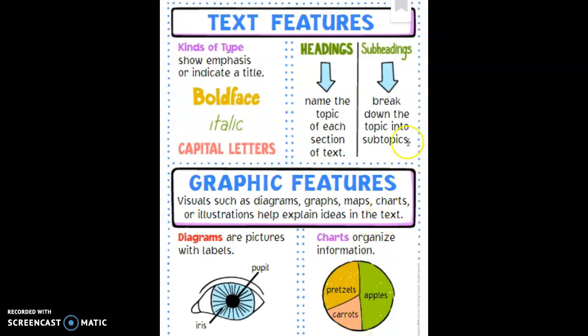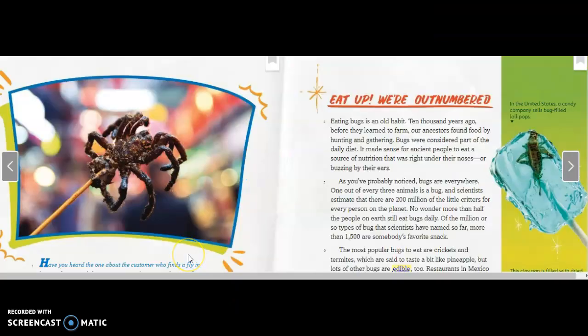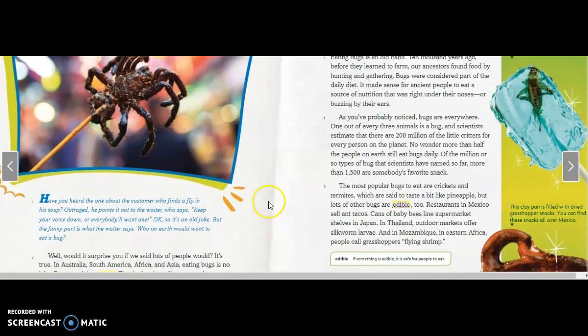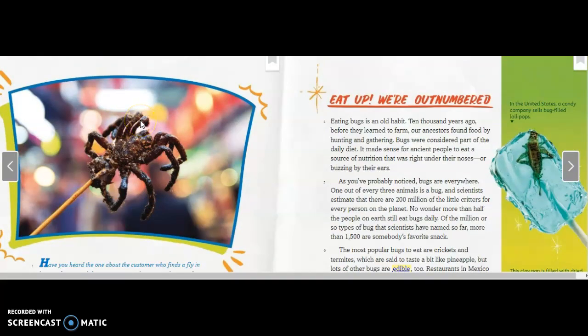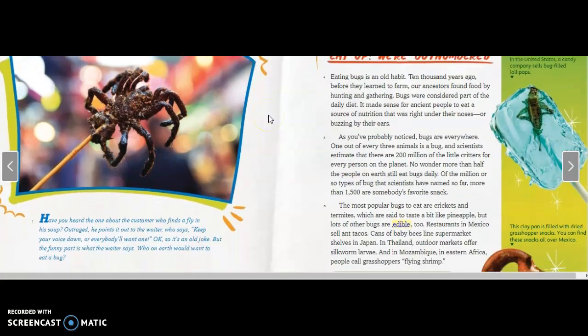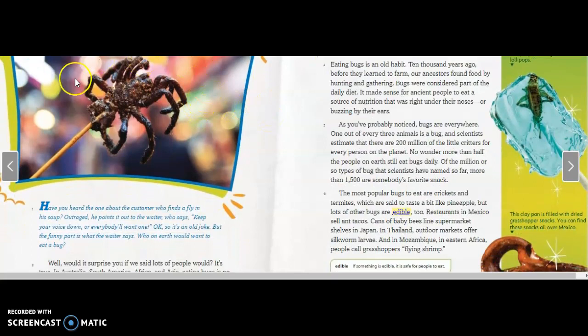And so when we were reading the read aloud today, graphic features made a huge impact on what we were reading, because not only are we reading about these crazy bug snacks, we actually get to see them firsthand, which makes it so much more creepy and gross, at least to me. Underneath our photograph here, we have a caption. And so the photograph is our graphic feature.